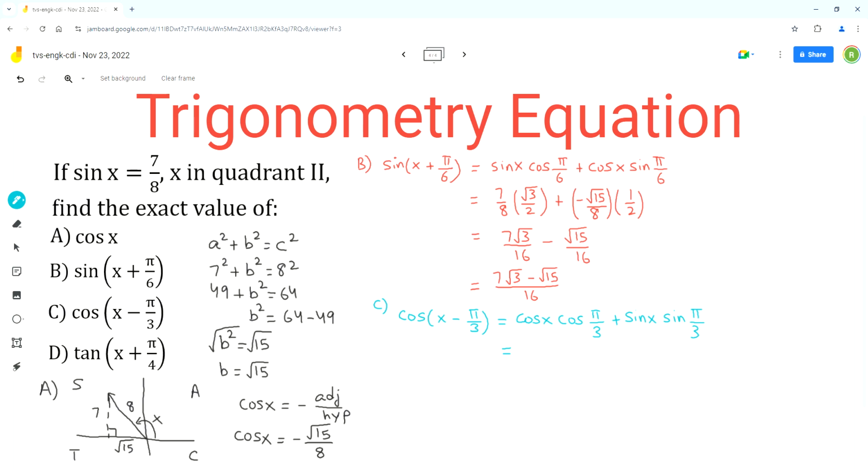We found cos of x in part A as negative square root of 15 over 8. Cos of pi over 3 is equal to 1 over 2. Sin x is equal to 7 over 8. Sin pi over 3 is equal to square root of 3 over 2.